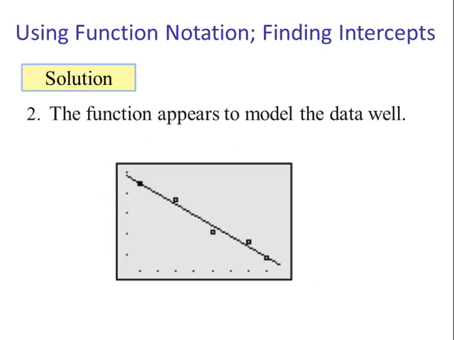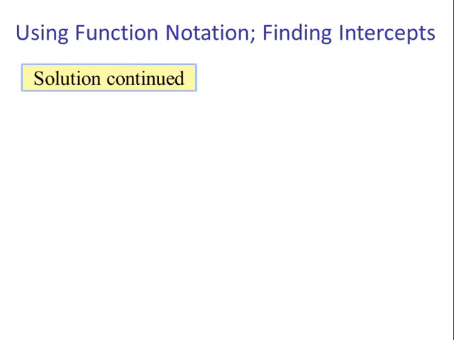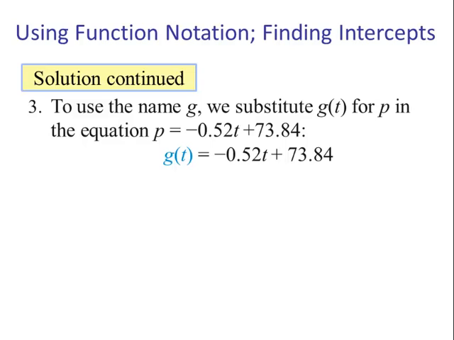The function appears to model the data well. Number 3, we want to use the function name g, so we substitute g of t for p, because t is our independent variable, and we have g of t equals negative 0.52 t plus 73.84.